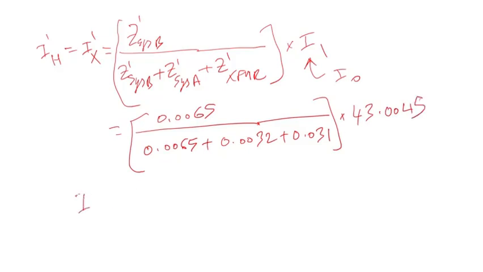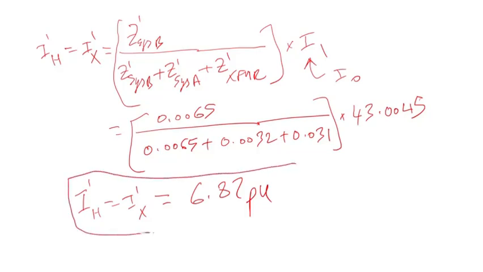So the positive sequence current through the high voltage is equal to the positive sequence current through the low voltage in per unit, which is 6.87 per unit. So that's the positive sequence current.